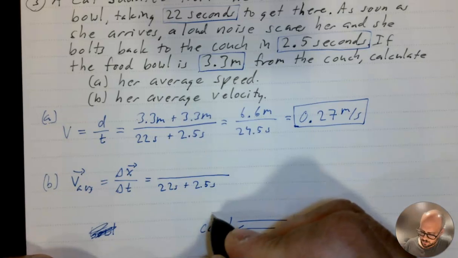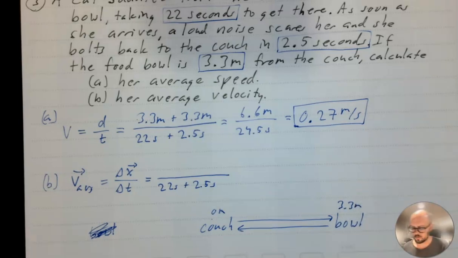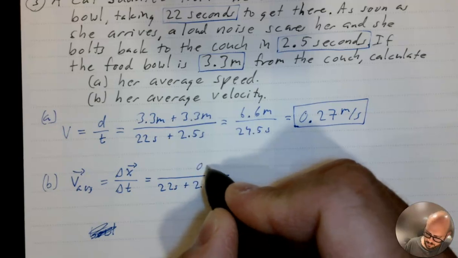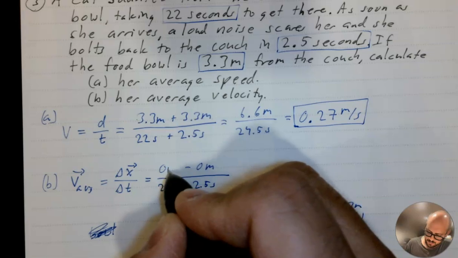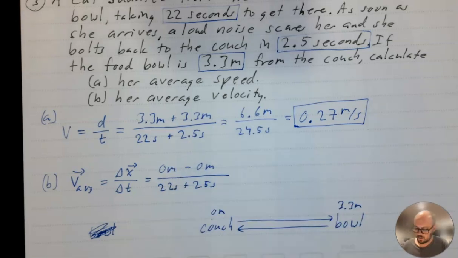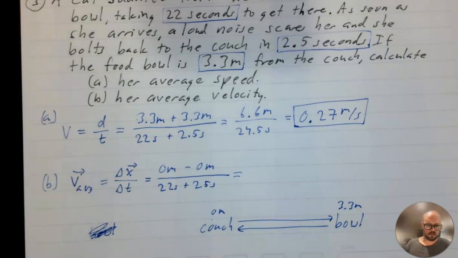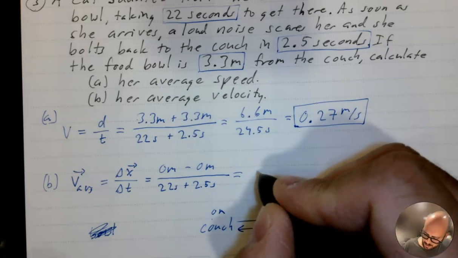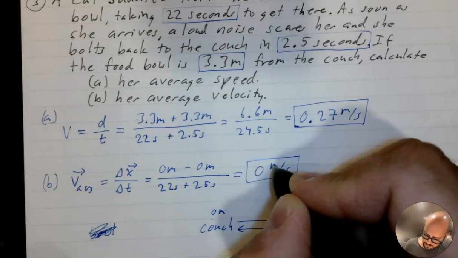Now, if we make this 0 meters, and this location for the bowl 3.3 meters, we can pretty clearly see that the cat begins at a position of 0 meters and ends at a position of 0 meters. In other words, because the cat begins and ends this event at the same location, the cat's average velocity is 0 meters per second.